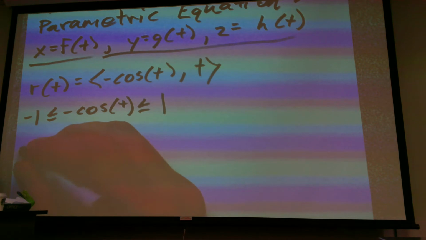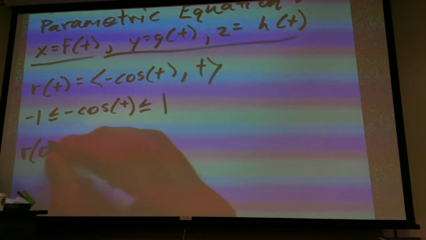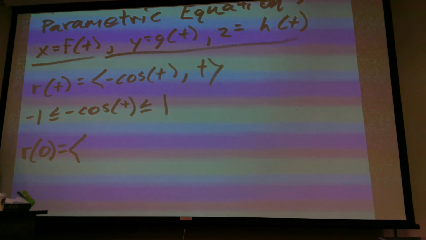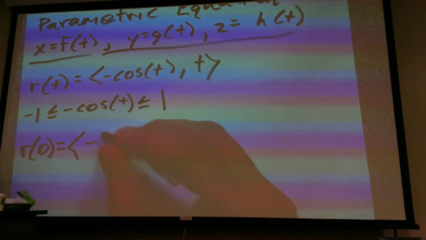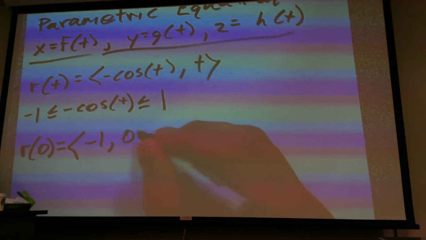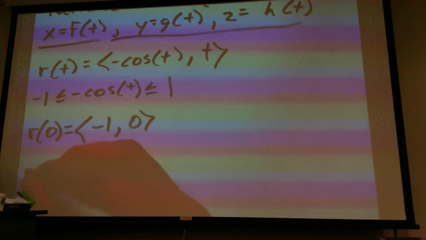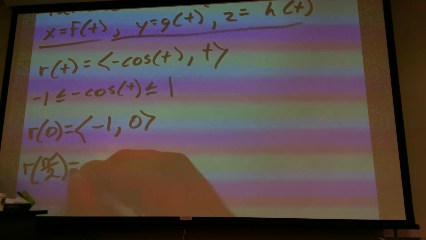So let's begin at the start and say, what is r of 0? Well, cosine of 0 is 1. But this is negative cosine of 0, so that's going to be -1, 0. Okay? And then let's say, well, what would r of pi over 2 be?